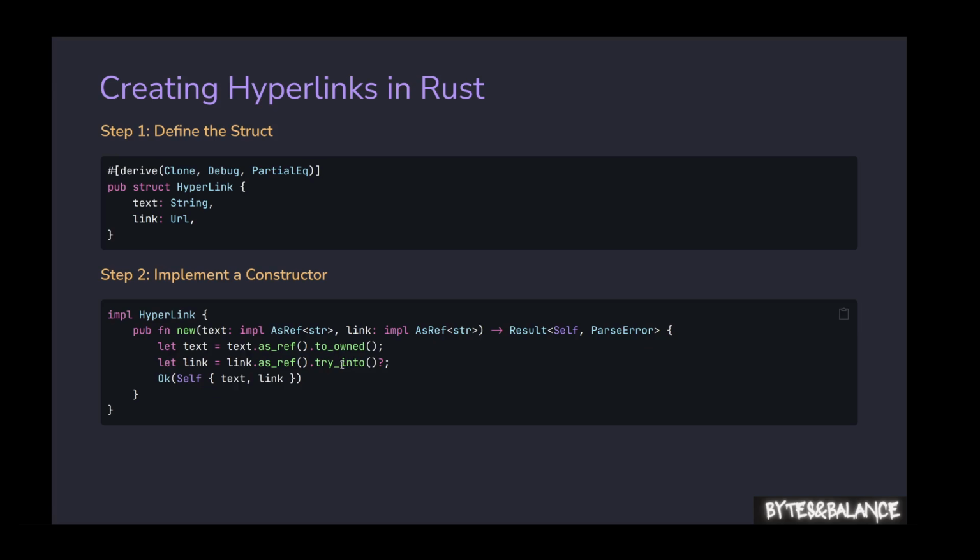This is to convert the string into a URL object and handle errors if the parsing fails. The constructor returns a Result of Self and ParseError, and it handles any URL parsing errors. If successful, it provides an instance of Self, the hyperlink, with the specified text and URL.